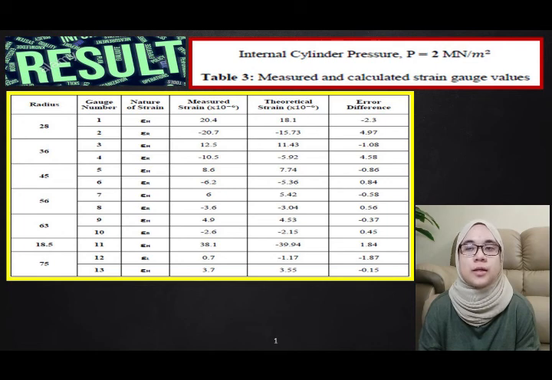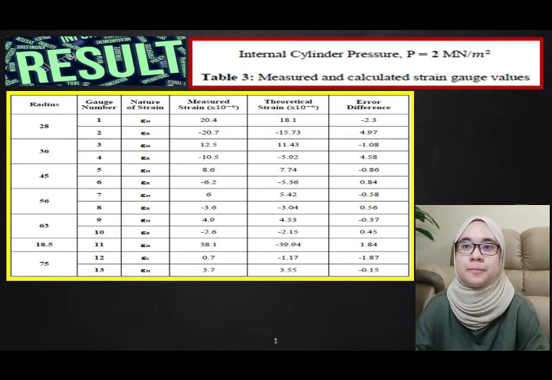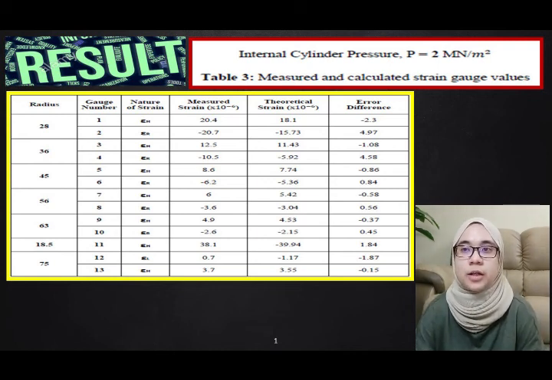The measured strain we got is 20.4 times 10 to the power of minus 6, while the theoretical strain is 18.1 times 10 to the power of minus 6, and the error difference is negative 2.3. At the second gauge number, at the same radius, for the radial strain the measured strain is negative 20.7 times 10 to the power of minus 6, while the theoretical strain is negative 15.73 times 10 to the power of minus 6, and the error difference is 4.97.